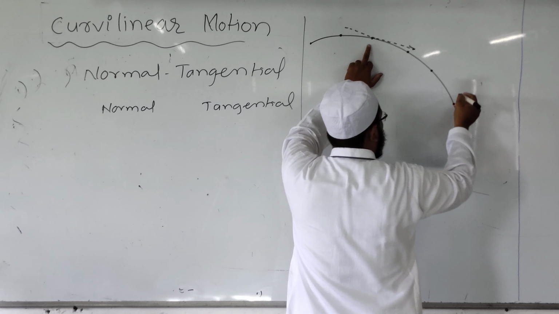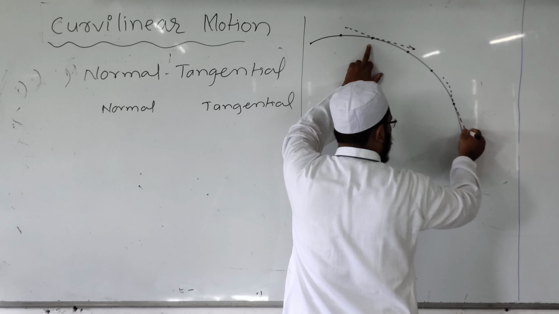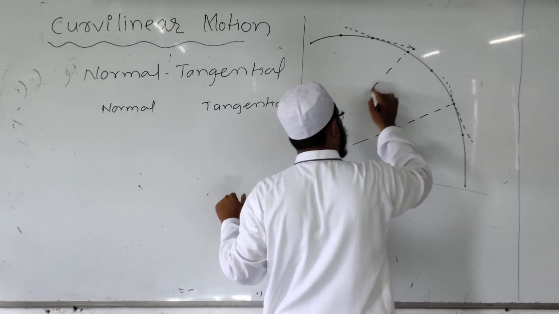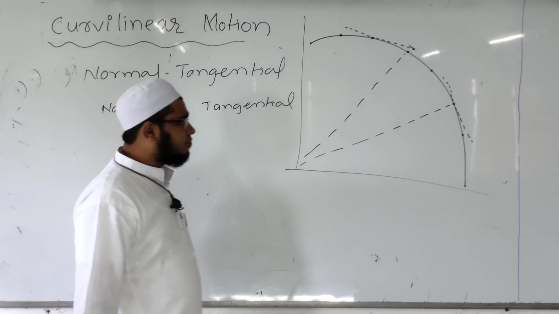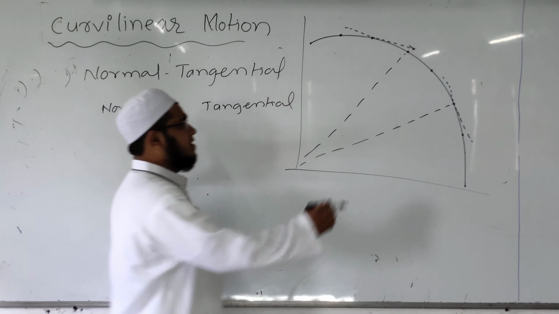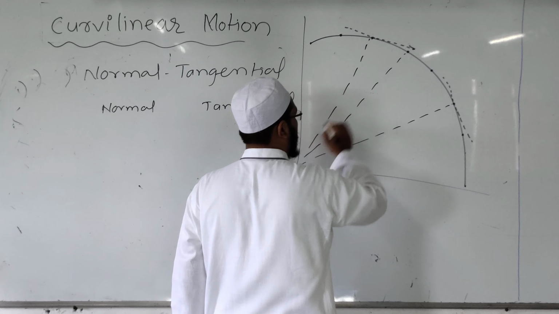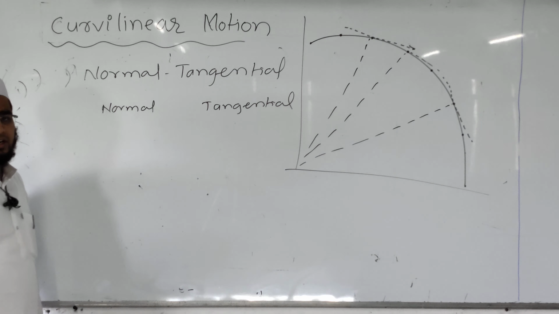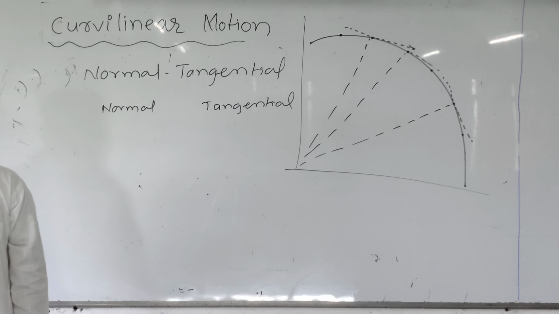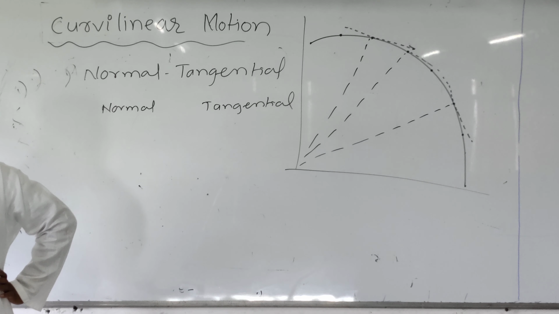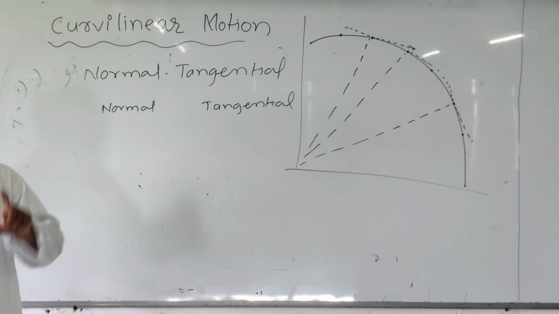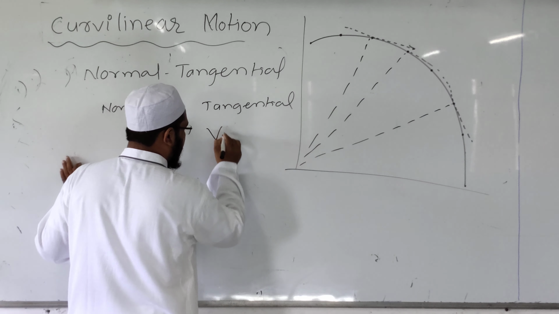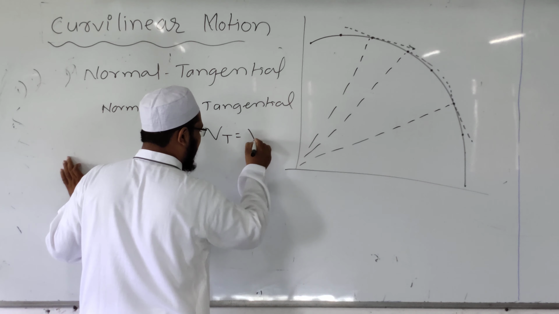If I draw the tangent here, there is no movement in the normal direction towards the center of the curvature. At all the points, it is in the tangential direction. That's why the velocity in the tangential direction is the velocity itself.